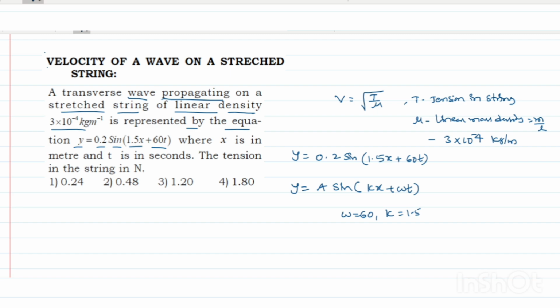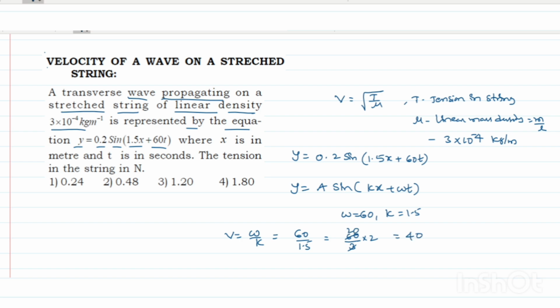Now the velocity formula, v equals omega by k. Omega is 60 and k is 1.5. That means 60 by 3 by 2, which is 40.